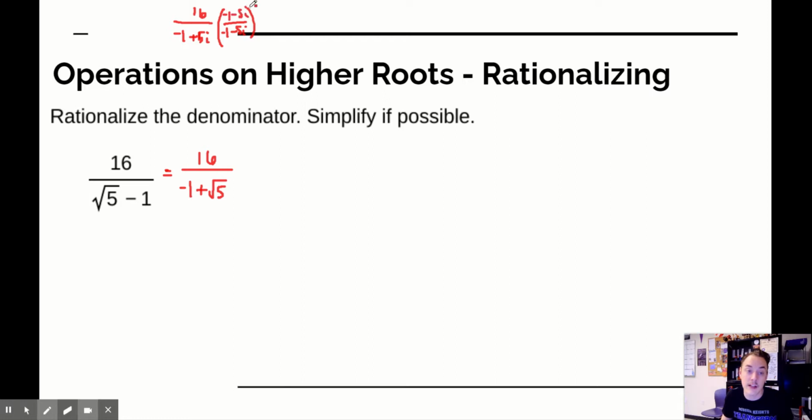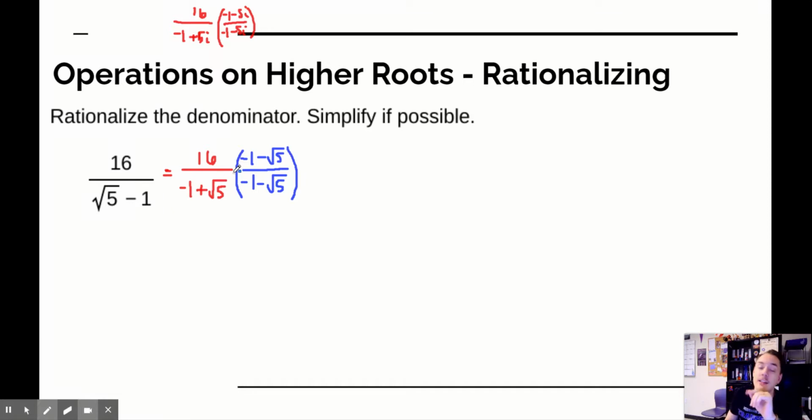Guess what we're going to be doing here? Literally the exact same thing, but just with the radical. And this is an advanced form of rationalization. I'm going to take -1 minus radical 5, because this will ensure that the radical gets eradicated from the denominator.